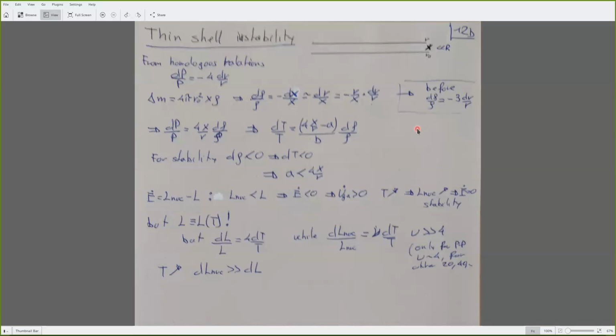One of the effects is throwing part of the envelope outside, because this increase of the luminosity pushes some part of the small amount of gas that remains.